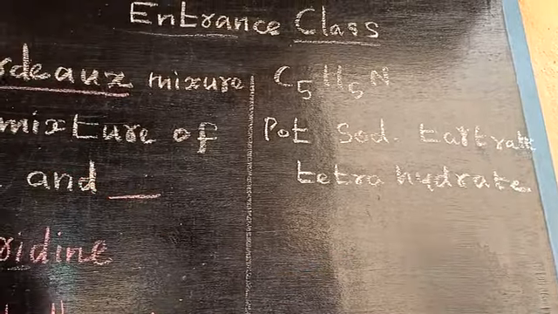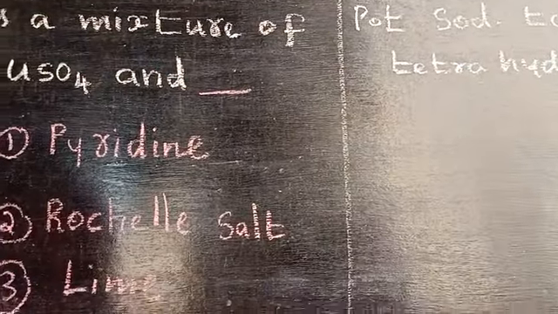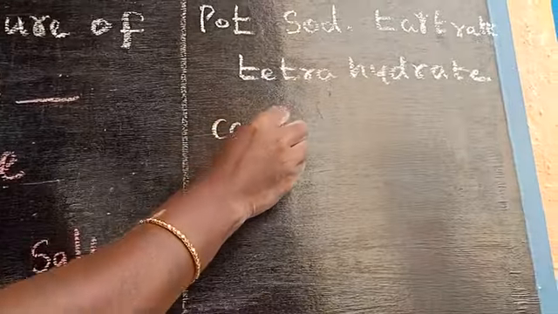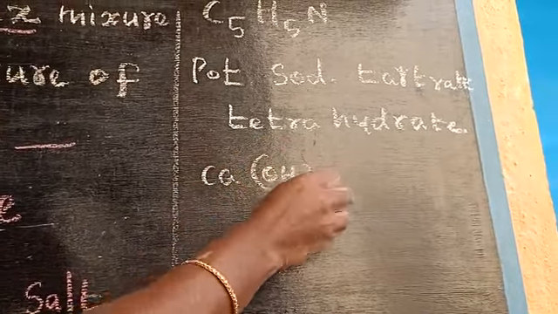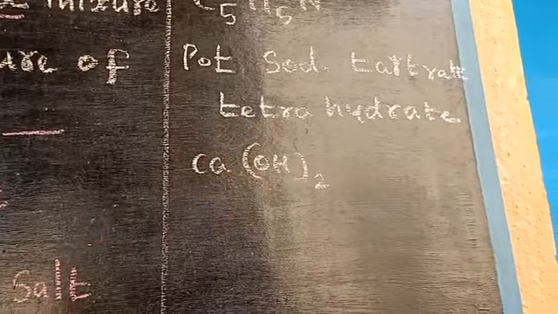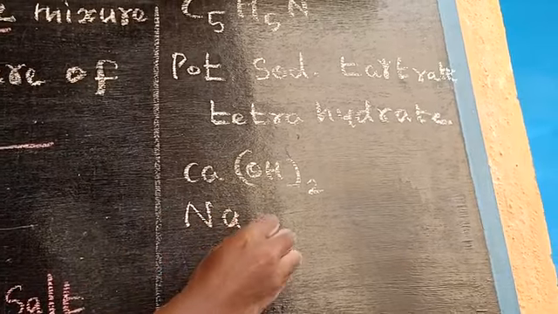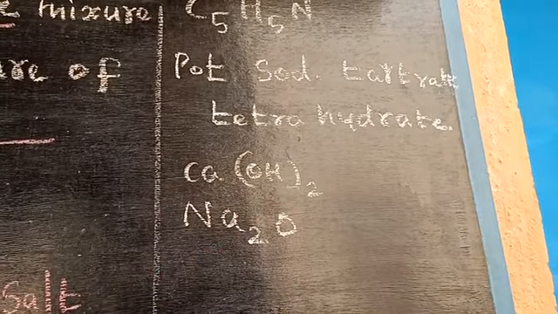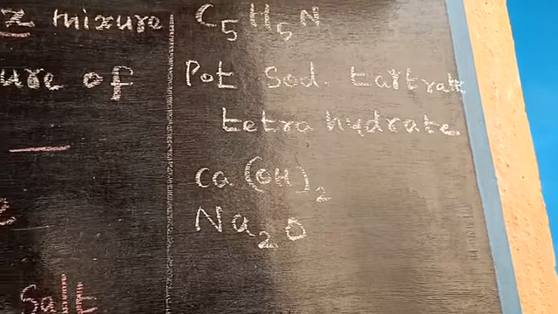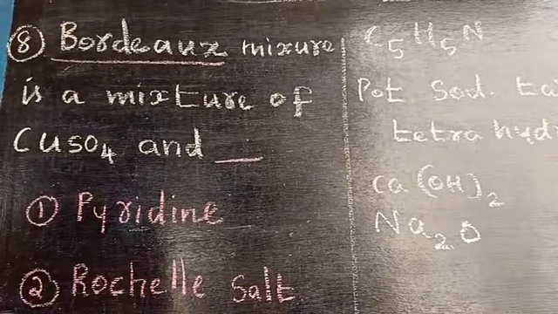This is the chemical formula for Rochelle salt. So lime, that is calcium hydroxide, Ca(OH)2, and sodium oxide, Na2O. Okay, children.